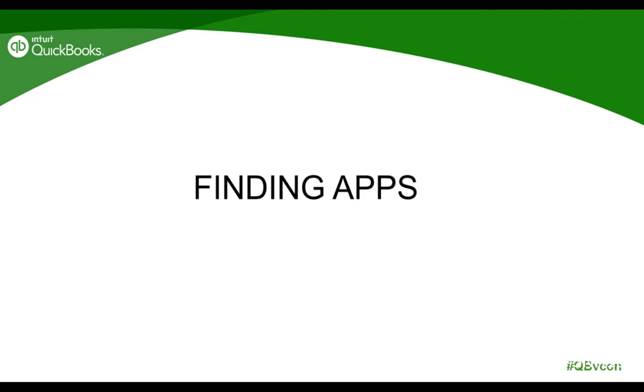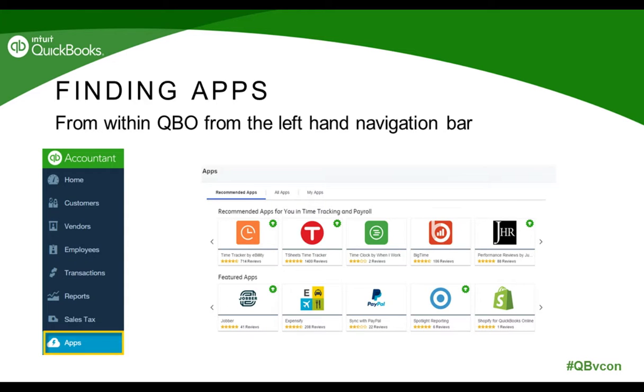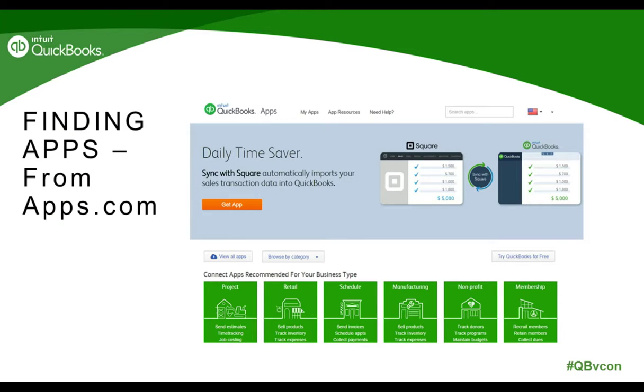So let's talk about finding apps here. When we're looking at finding apps, there's a couple different places that we can do that. If we are our client, then we can log in to QBO and find apps from the left-hand navigation bar. It's generally close to the bottom of the left-hand nav bar. So that's one place, and I will get in and show you that in a moment.